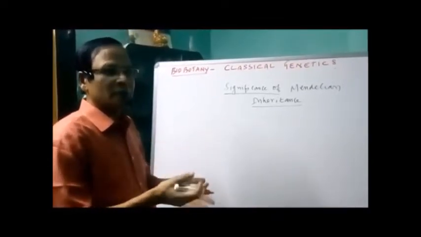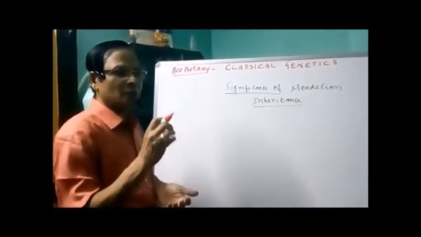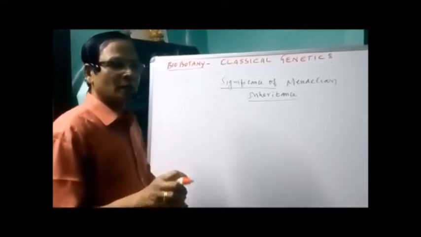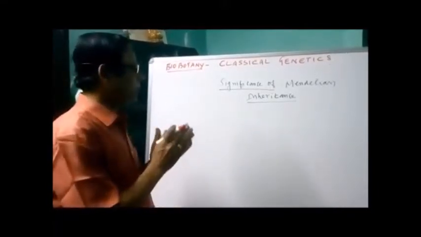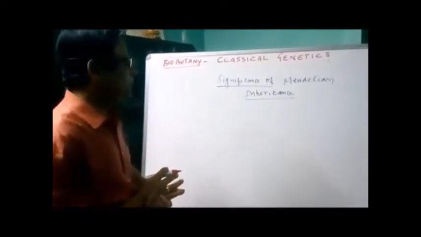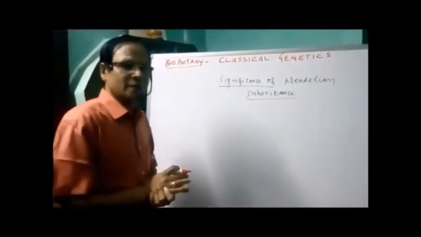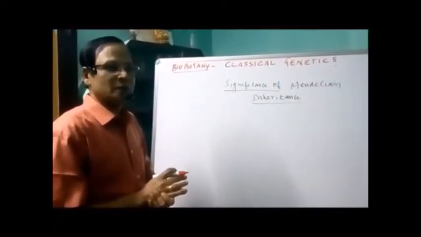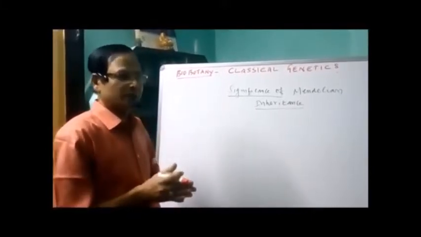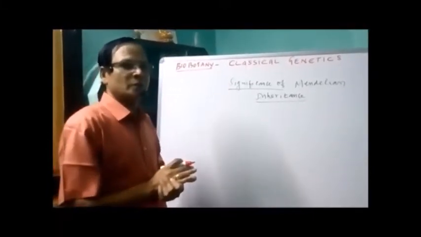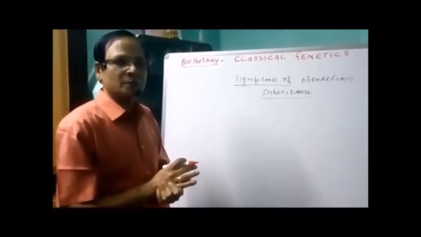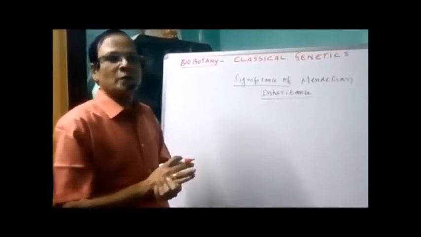Without knowing the cellular mechanism, gene structure, DNA and chromosomes, he arrived at the mechanism of inheritance. His meticulous work, that is, giving great attention to the work, on the inheritance of characters played an important role.